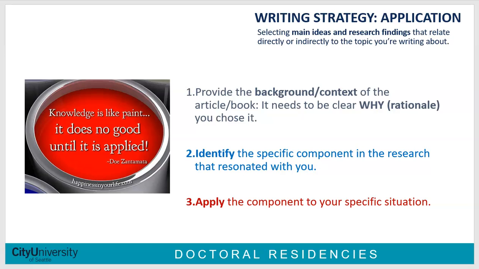If you were to write a paragraph that demonstrates this strategy of application in academic writing, what you'd first do is provide the context, the background of the article or the book or the research or whatever. You need to provide the rationale for why you chose it. Step 2 is identify the specific component in the research that resonated and then apply it to the specific situation.